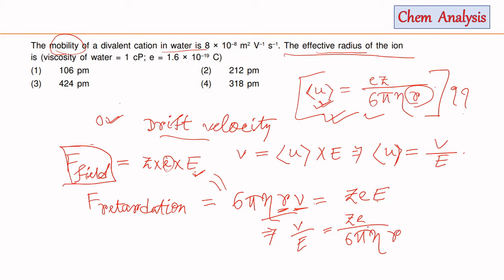Here eta is the viscosity of the medium, and so the ionic mobility of the ion is equal to Z e divided by 6 pi eta r, and this is the equation we were trying to reach.